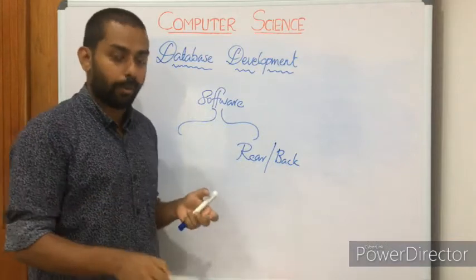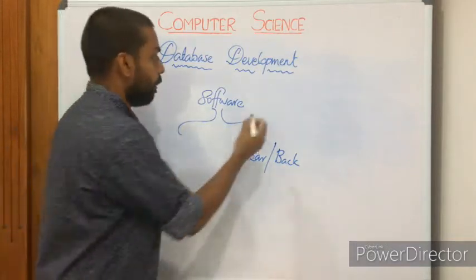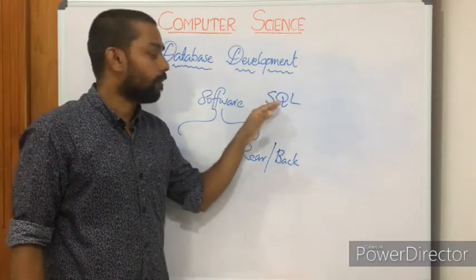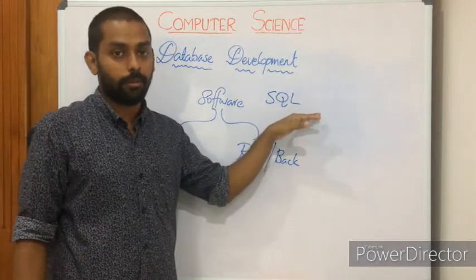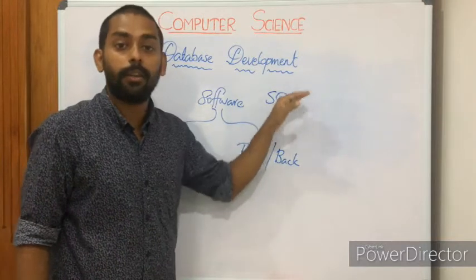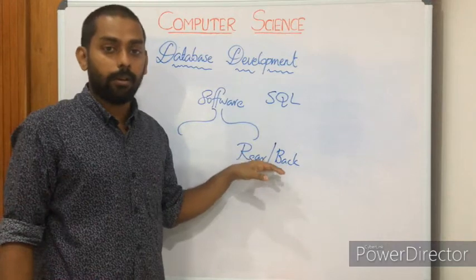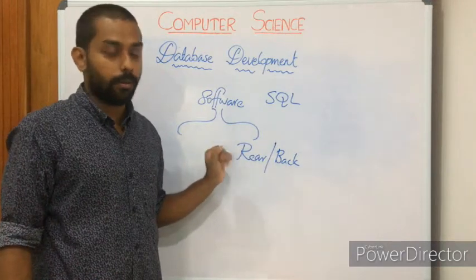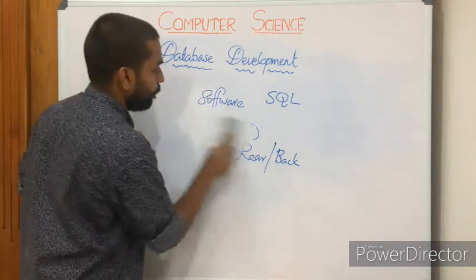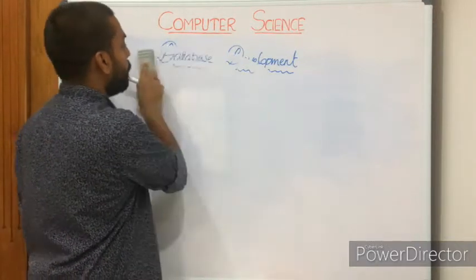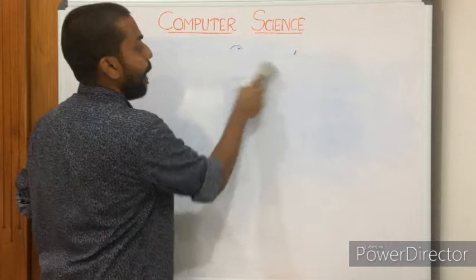We are using a language named SQL. SQL stands for Structured Query Language. We are using this language to manipulate the back end of a software. So these are the two ends of a software, front end and back end.